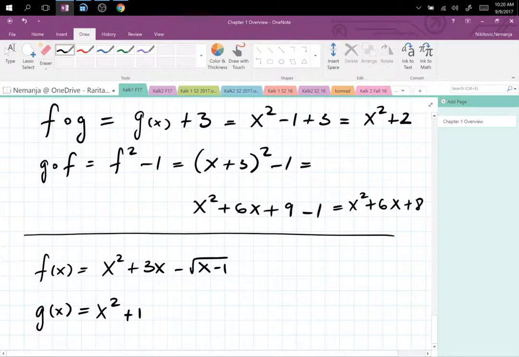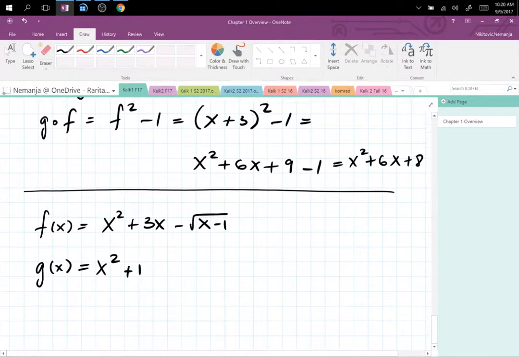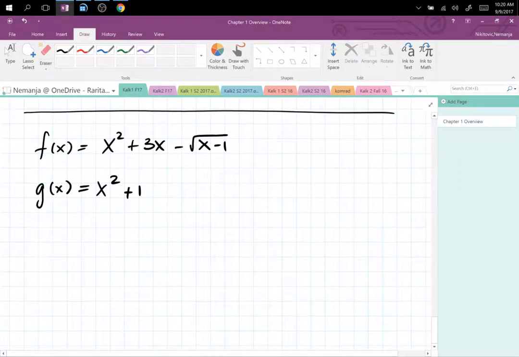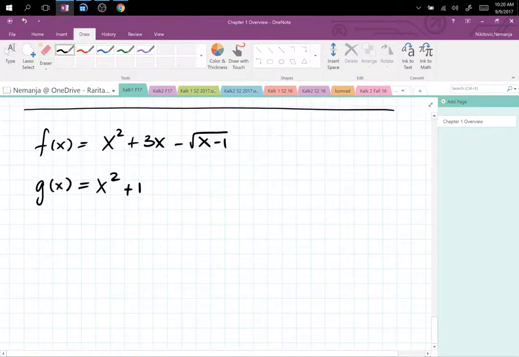Here. There we go. So let's compute f of g. Now this is the part where you should, you know, meet the fine people sitting next to you, check your answer. Work stuff out.